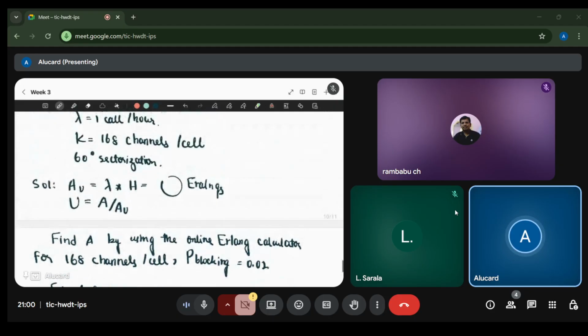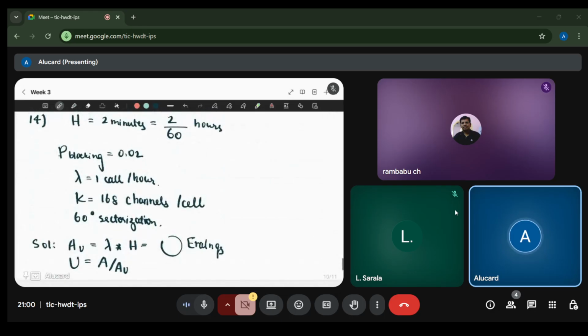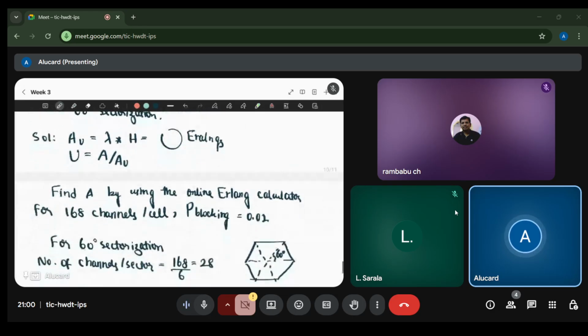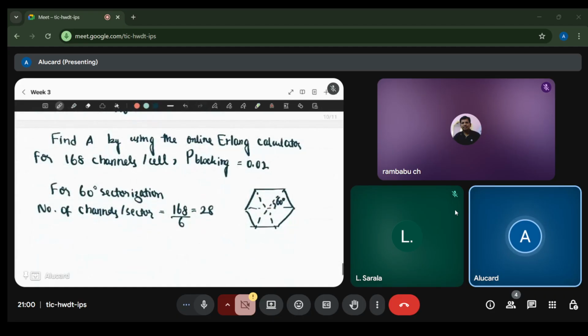So initially you could use all 168 channels in the cell, but now the channels have been divided and each sector is given only 28 channels. That means each sector can only handle 28 calls at a time.